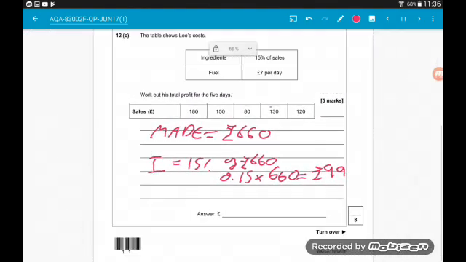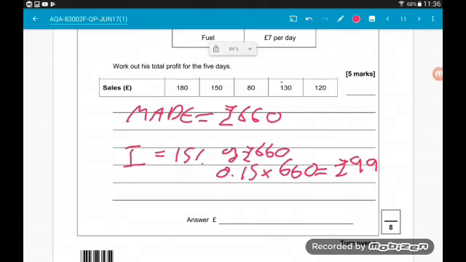We can then work out the cost of his fuel. So fuel is £7 per day. There's 5 days, so its fuel costs are going to be 5 times £7, which is going to give us £35.